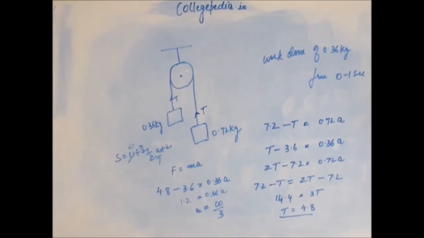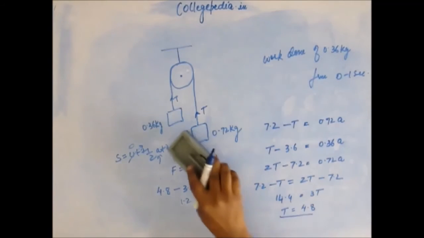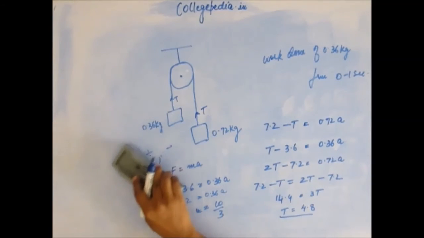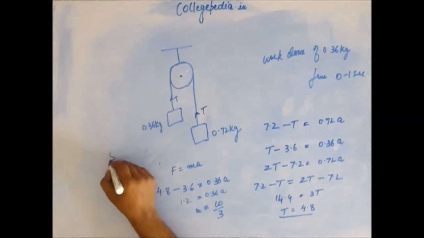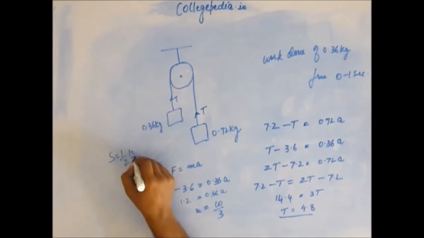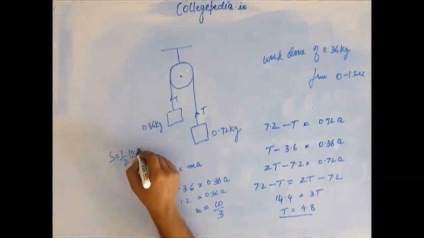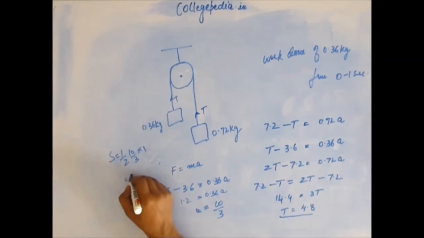Okay. So once we have acceleration, we should have displacement. Displacement would be then half a t square. t square is 1. So displacement is 5 by 3. So now work done would be force into displacement.